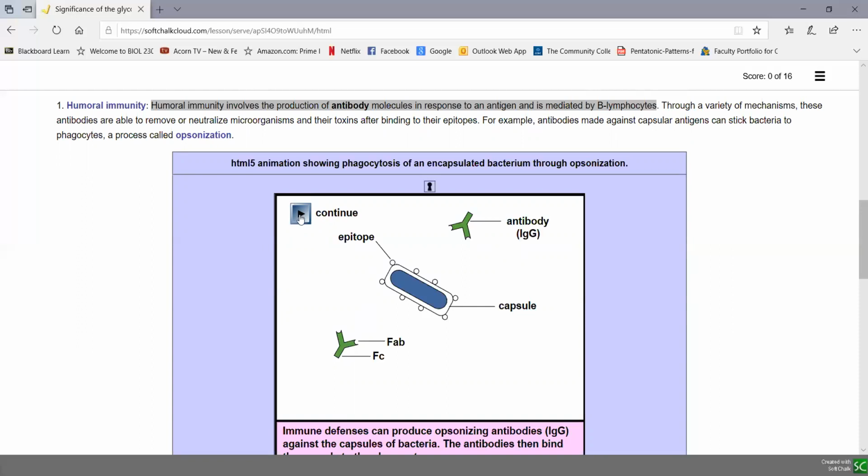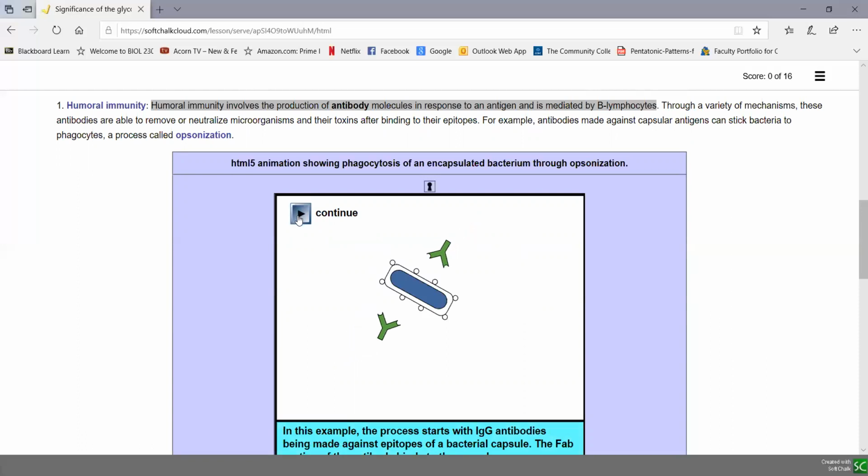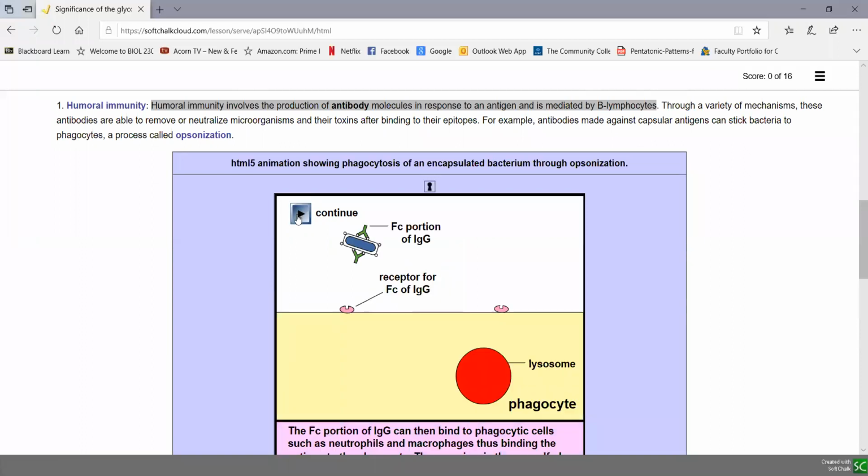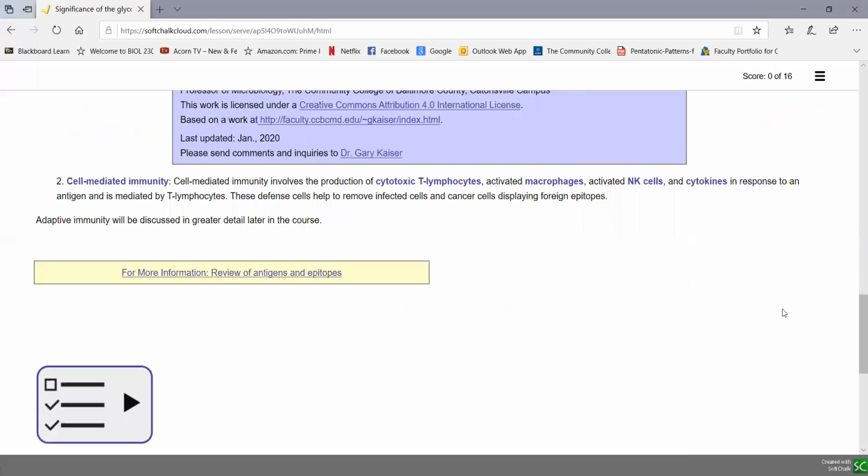The FAB part of the antibody binds to the epitope of the capsule, and then the other end of the antibody binds to FC receptors on phagocytes for enhanced attachment or opsonization. And thus the antibody cements the capsule to the phagocyte so it can be engulfed and eventually destroyed with lysosomes.